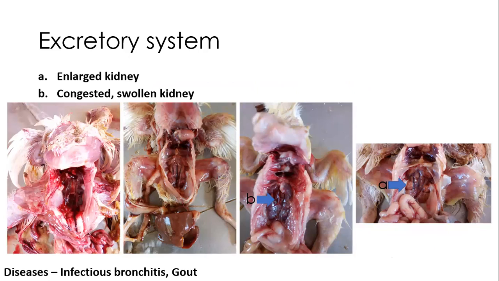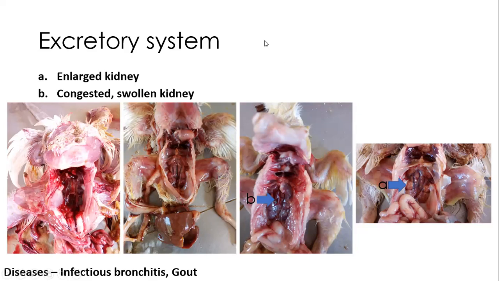Not all of them have a problem with their lungs, but you can see the kidney is congested, especially in B, and swollen. Here you can see it's enlarged, raised above the level it's supposed to be. You can see this in infectious bronchitis, in gout, and in some other diseases that we did not mention here.